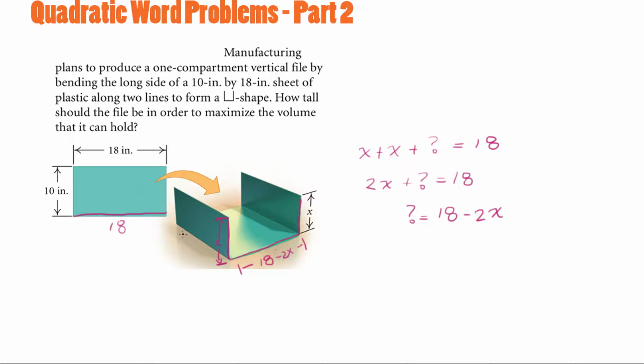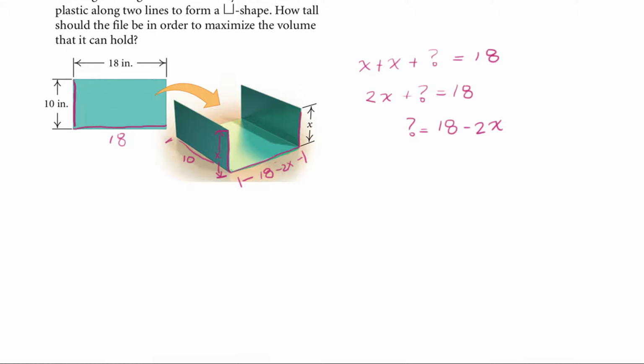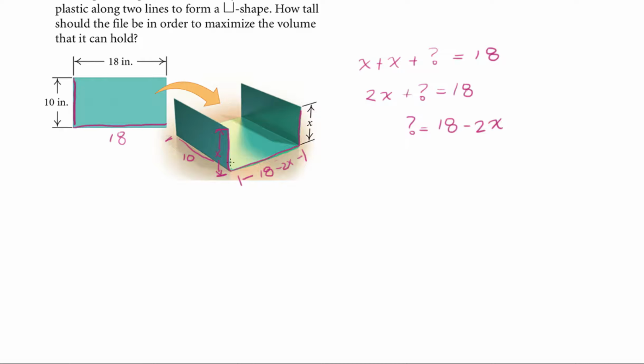The length here is how much? Well, it's 10, right? Because it's this side of the box. So now we can proceed to find the volume of this sheet. The volume in terms of x equals the height times the width times the length.